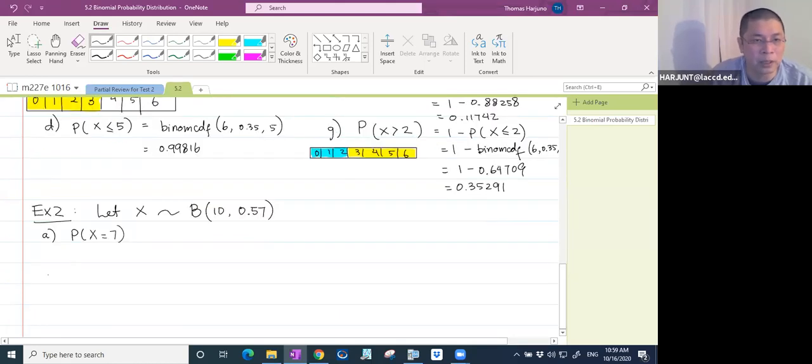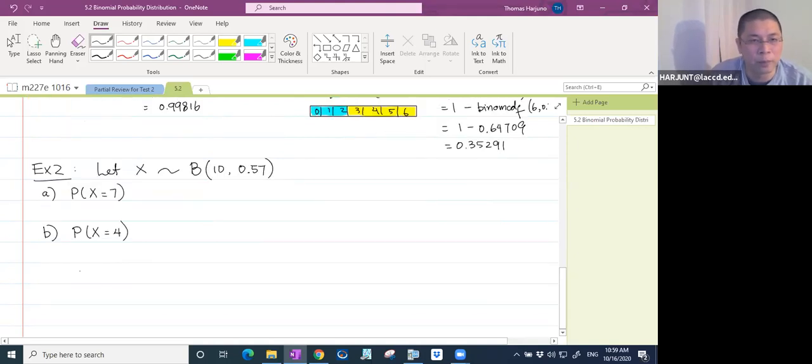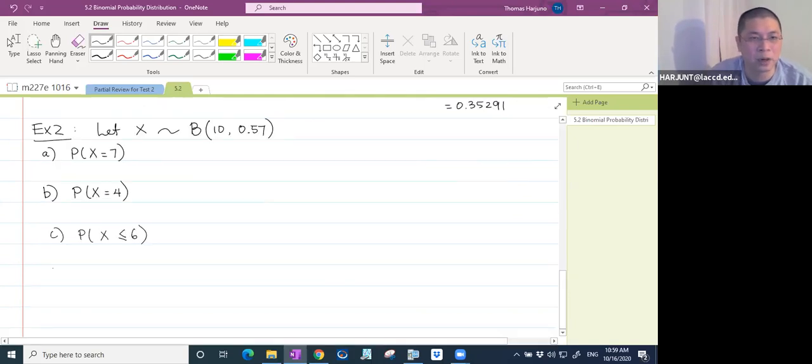Part B, probability that x equals 4. Part C, probability that x is less than or equal to 6. Part D, probability that x is less than 8.